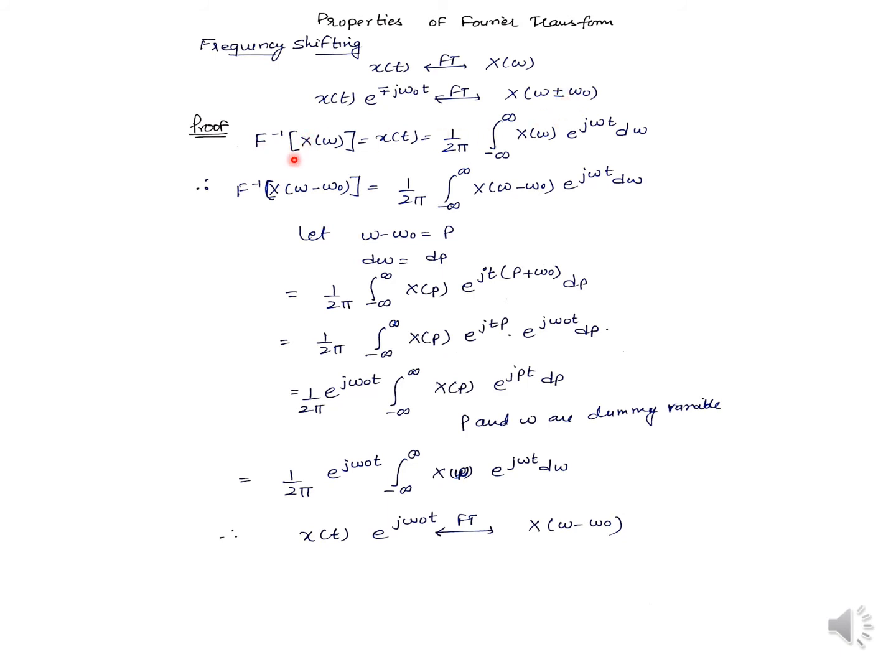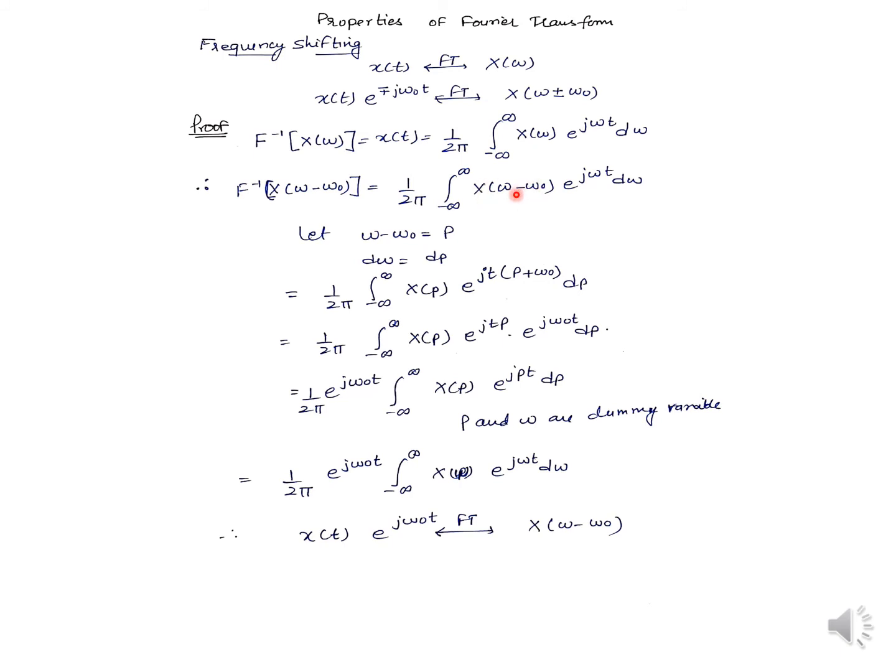In this one, we will start with the inverse Fourier transform. So the inverse Fourier transform, or you can say x(t), is equal to 1 upon 2 pi integral of capital X omega e raised to the plus j omega t into d omega. Put this side whichever you want to use, plus or negative. So we are using negative here. So the inverse Fourier transform of X of omega minus omega naught is 1 upon 2 pi, this thing.